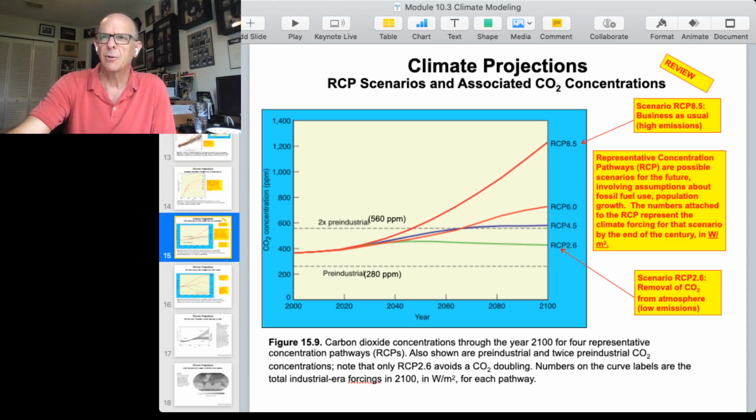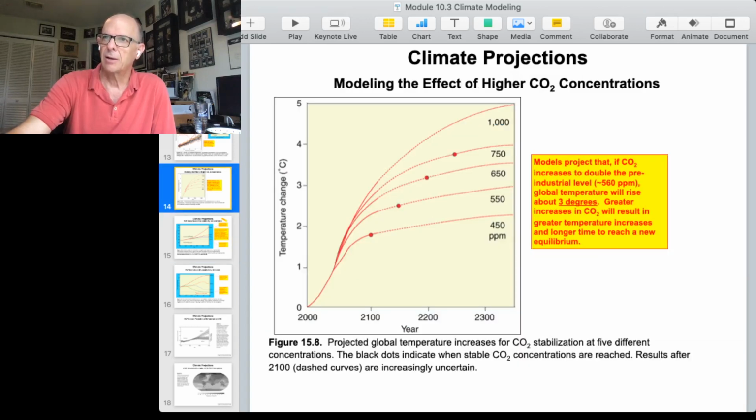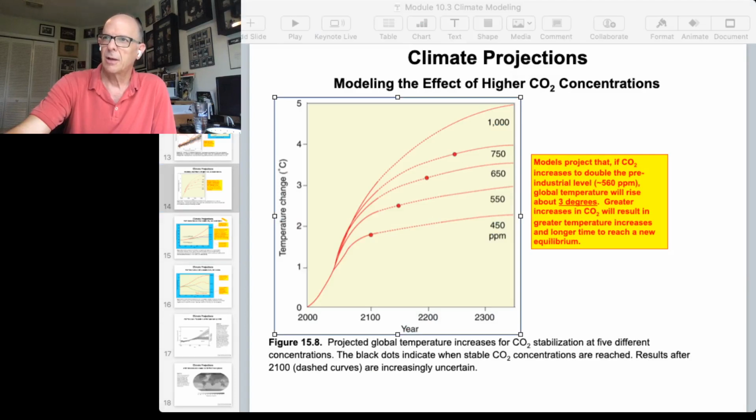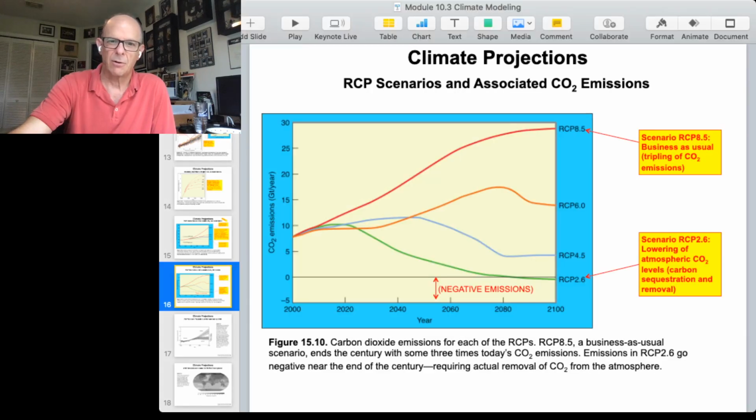That gets us to over 1,000 parts per million by the end of this century. And remember on the previous slide that 1,000 parts per million results in a temperature change of more than 4 degrees. And there you're talking about really dramatic changes to the Earth's climate over the course of the next couple of centuries.